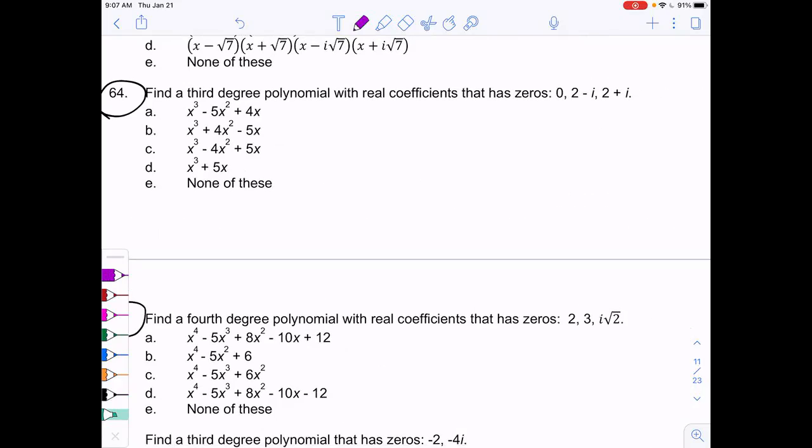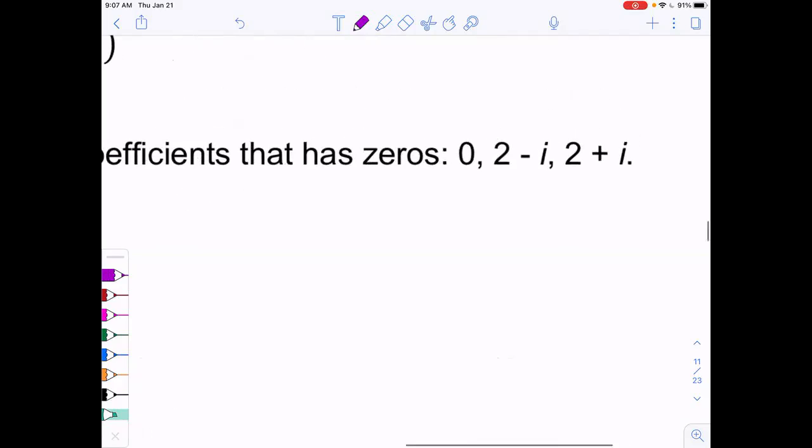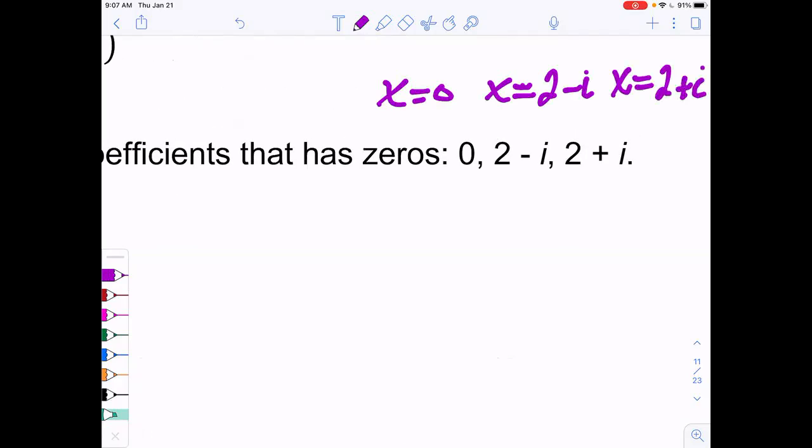It gives you zeros of 0, 2 minus i, and 2 plus i. So if these are zeros, that means x is equal to that value. So x is equal to 0, x is equal to 2 minus i, and x is equal to 2 plus i.